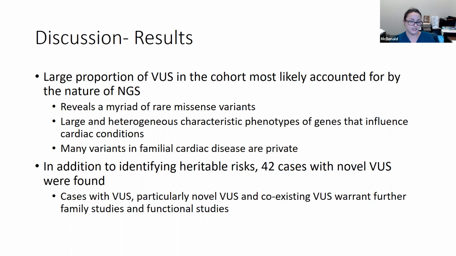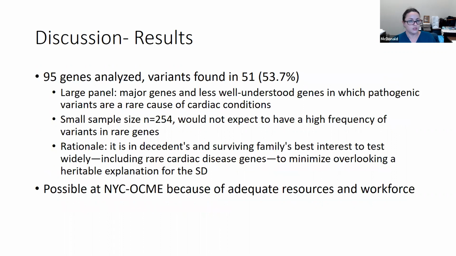They were also able to see 42 cases with novel variants of uncertain significance, which warrant further study as well. They talk about using such a big panel, and they only found variants in 51 of the 95 genes. So they just had a very wide panel that had more or less common genes.